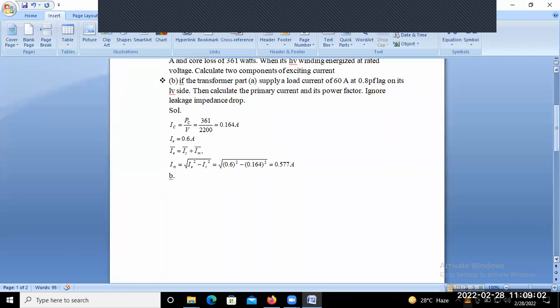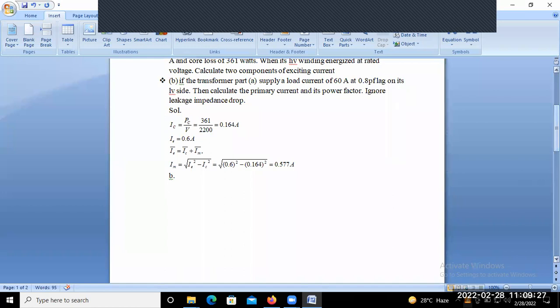That means at the load condition, whatever the load current supplied to the load, that must be neutralized by the primary MMF, is not? That means that load current, if represented by I2, must be neutralized by the current drawn from the primary side.